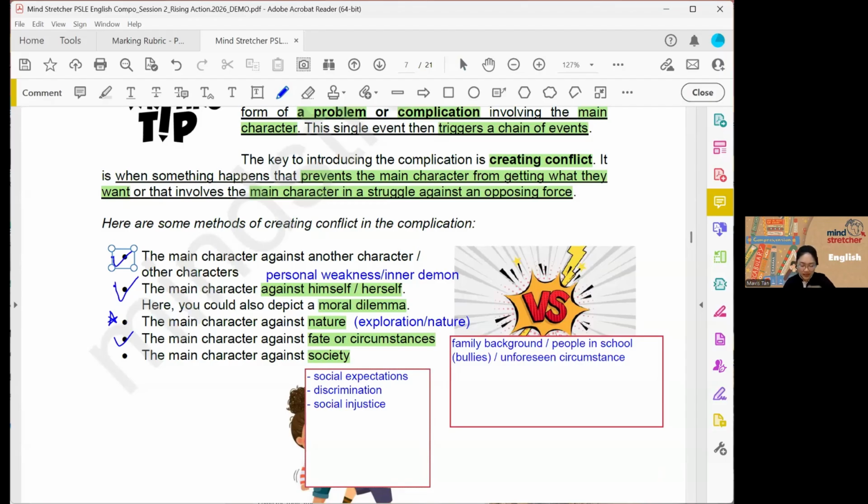Usually it would be internal or with someone. So nature could be, you remember there are stories about, let's say, your mom telling you to bring an umbrella. It's going to rain. And then you say, no, I don't need to bring an umbrella.